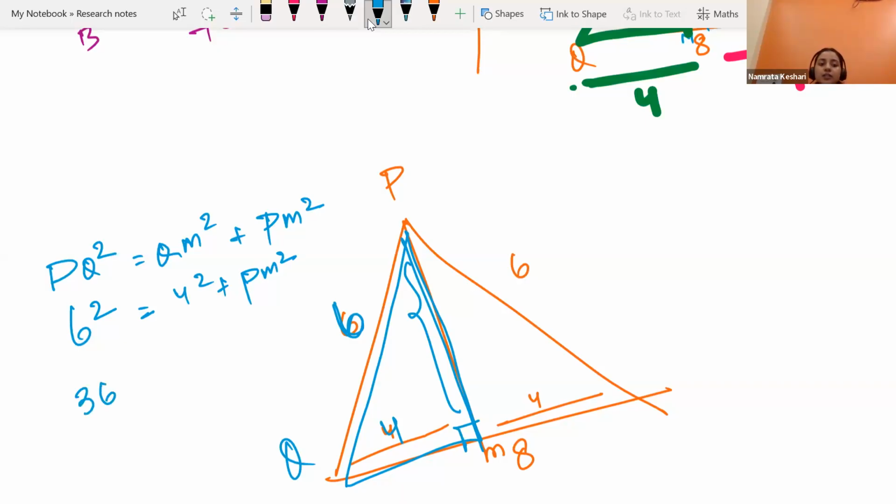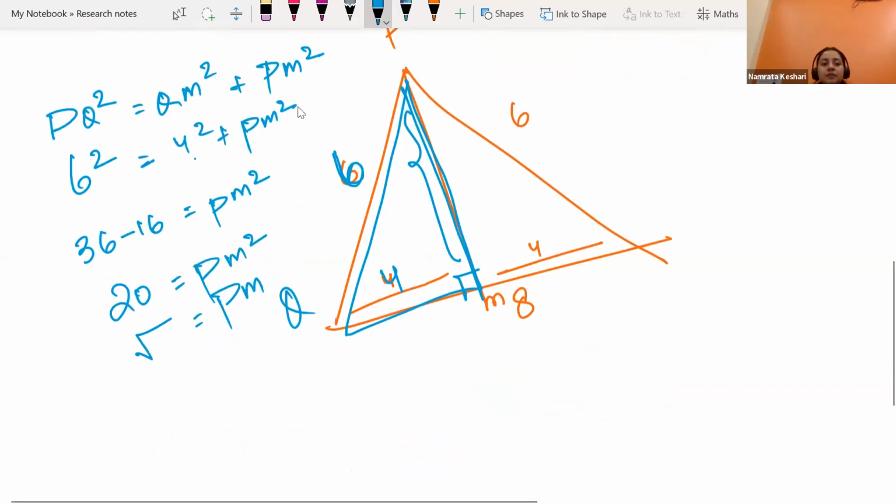So we will be getting 36 over here, we'll be getting minus 16 over here, we'll be having PM square over here. We will be getting 20 over here, and we will be getting PM is equal to root 20. But we are getting the answer in a square root. So what? We are getting the answer at least. This length is root 20.